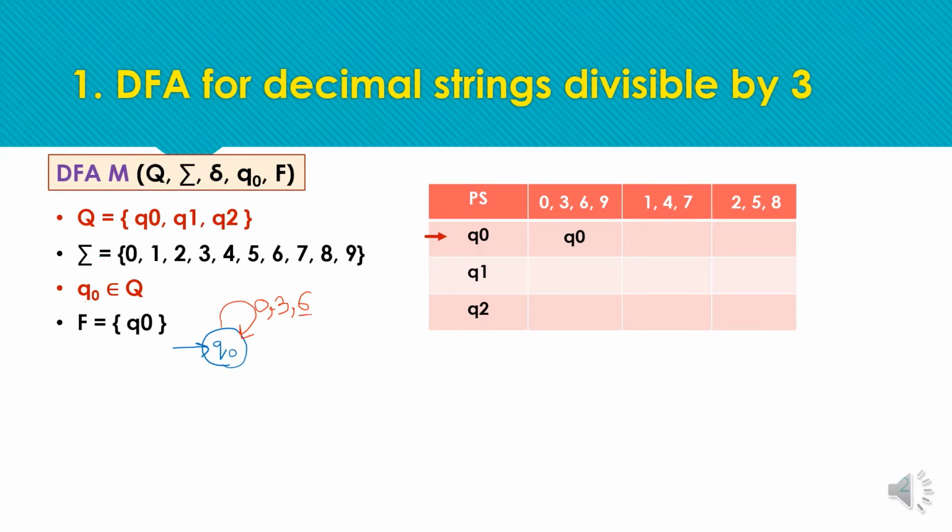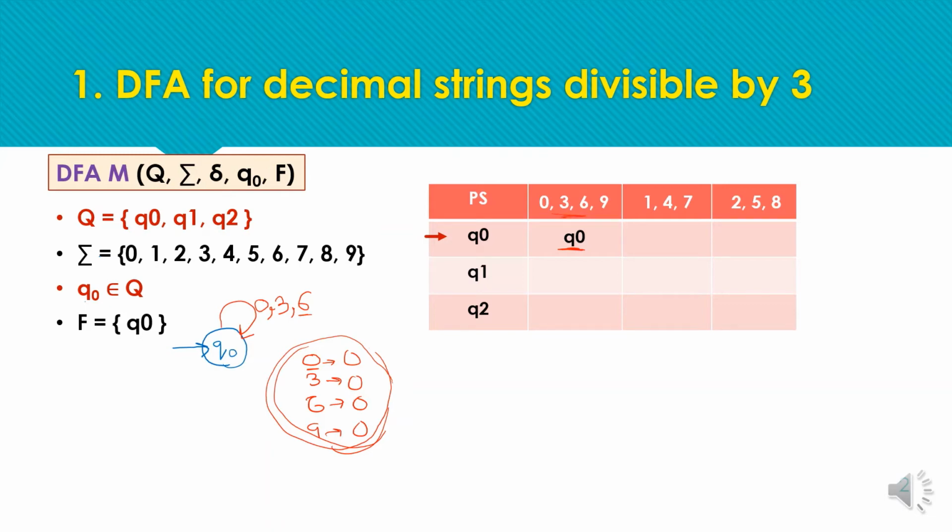Being on Q naught means we have received nothing, and after that if we receive 0, 3, 6 or 9, the remainder is 0. So we should be at Q naught for this transition. That's why we move to the state Q naught for this input.